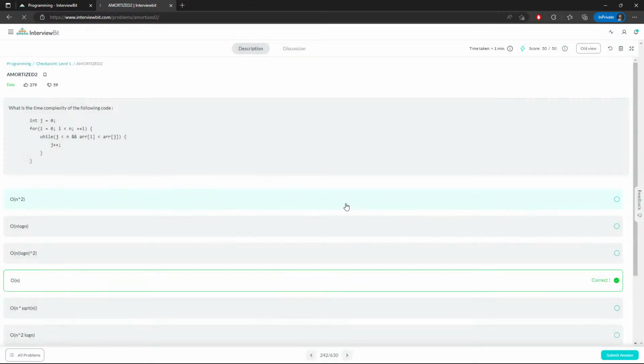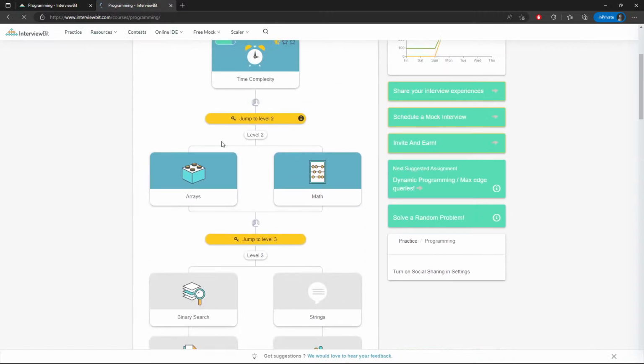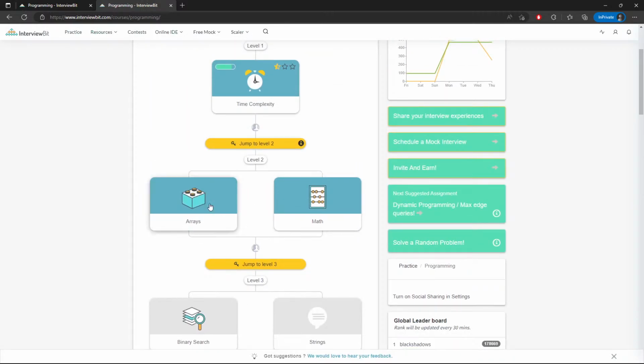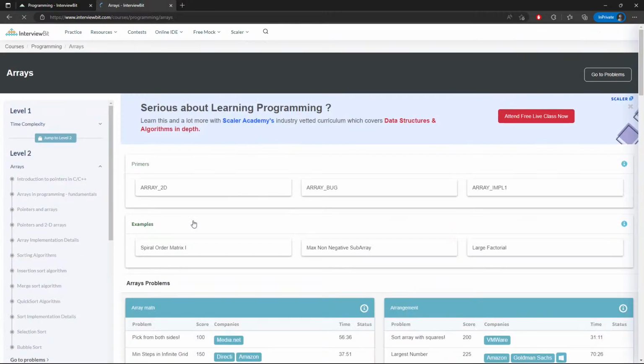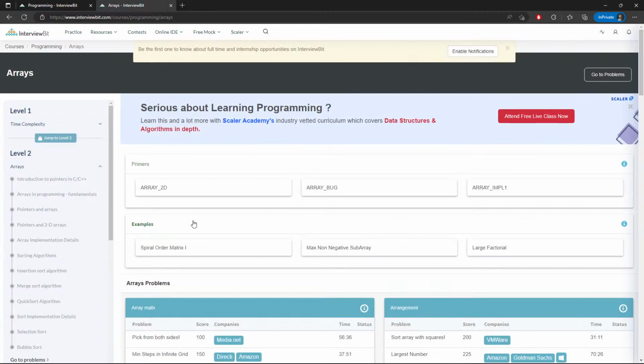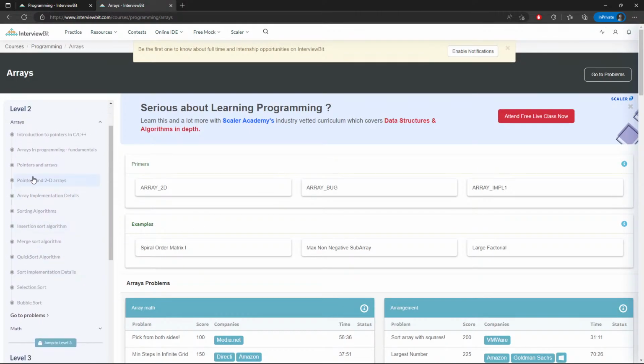Okay, that is done. I got access to level 2. Arrays or math? Let's start with arrays and go to math. I'm gonna do it in Python, so it actually doesn't matter unless they talk about introduction to pointers. Yeah, oh, sorting algorithms. Okay, that's one fun thing.